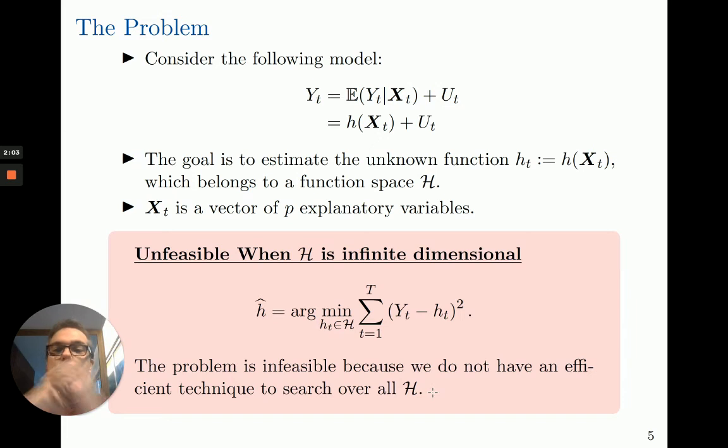The problem is that this problem is unfeasible when this function space is infinite dimensional, because we want to estimate h hat as the argument that minimizes the sum of squared errors, but we have to search over all the calligraphic H space. Okay. The problem is that we don't have a feasible, efficient technique to search over all h.